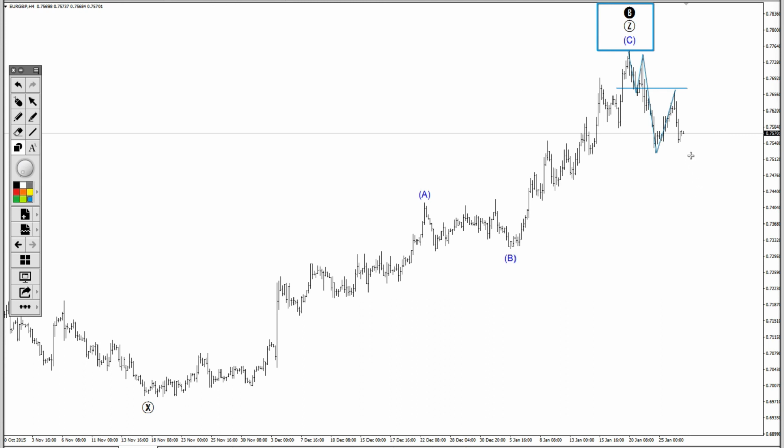But at the moment, the signal here is not very clear. The count cannot be made very certain, but the price action is looking bearish. So maybe we will see more downside during the day, and maybe we can enter a sell stop order around the 0.755 level in order to catch the next move down.